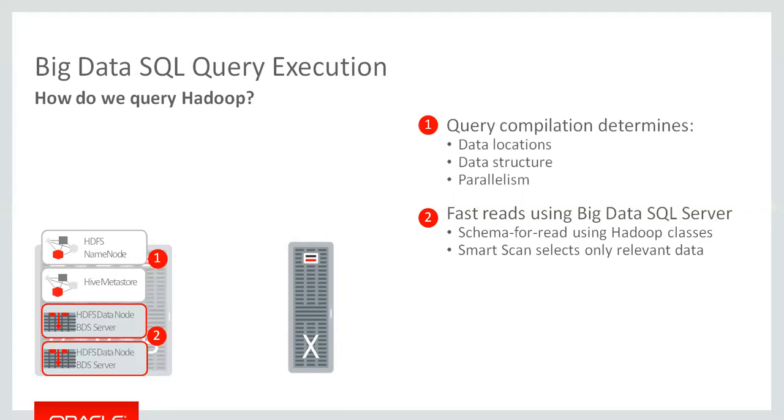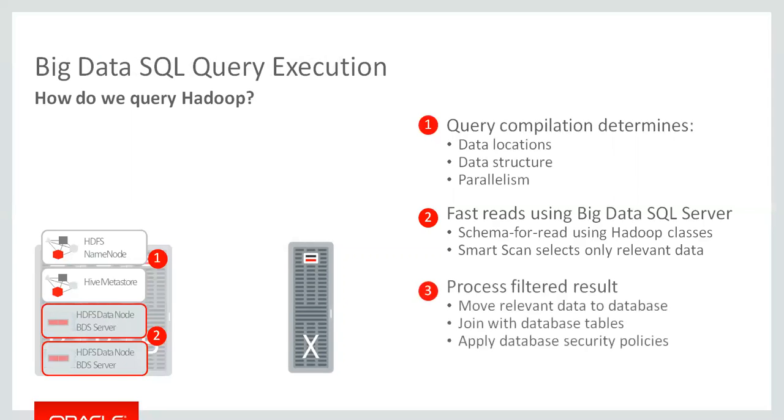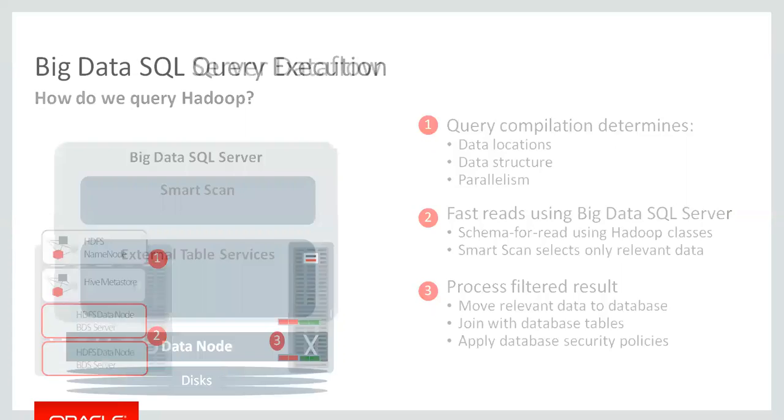You run Smart Scan on every data node which has Big Data SQL installed, and then ship back only filtered data, only data which matches your conditions, and then do final processing on the database side. You could apply PL/SQL, you could do joins with database tables, and you could do some security stuff, and we will talk about the last thing in my list today.